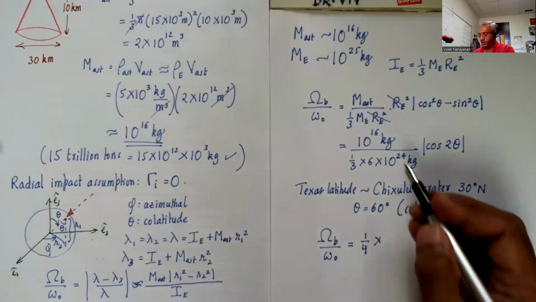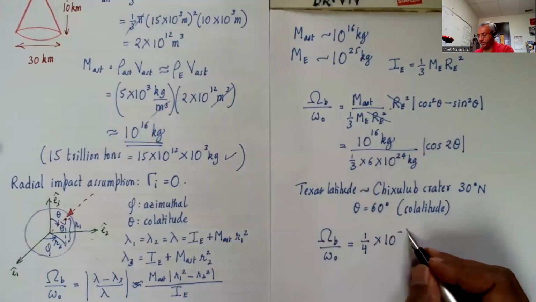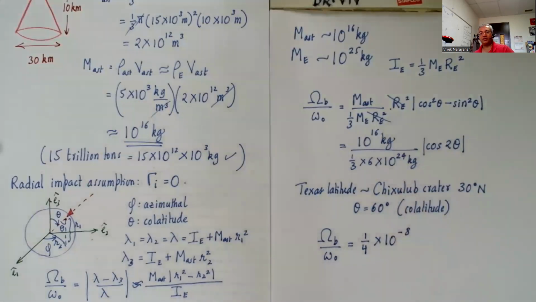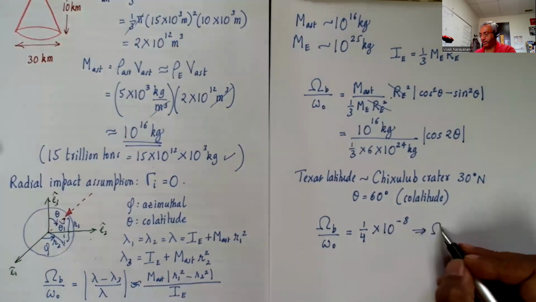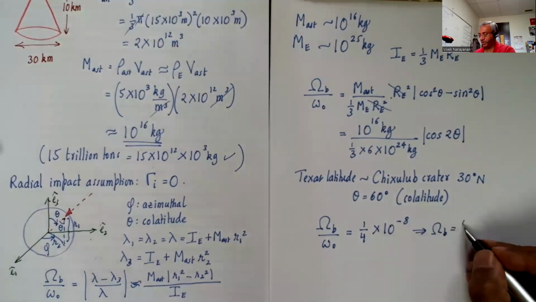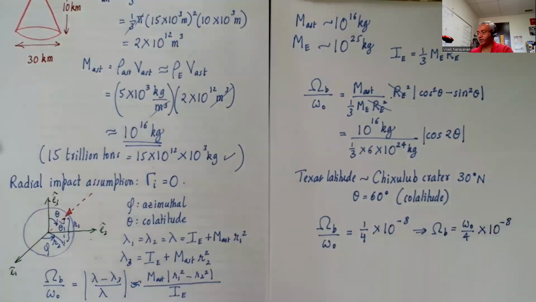Omega naught is here. 1/4 times 10 to the minus 8, because 10 to the 16 over 10 to the 24 is 10 to the minus 8. So finally, we have our formula for omega b. Omega b is omega naught over 4 times 10 to the minus 8.